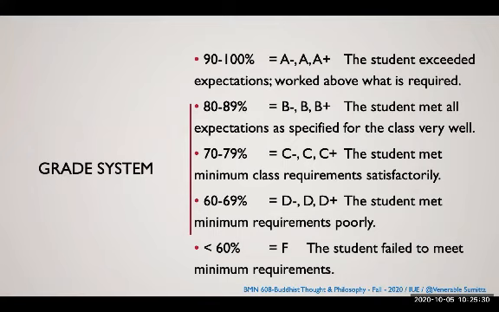The student from 90 to 100 will have A minus, A or A plus, and 80 to 89 B minus, B or B plus, and 70 to 79 C minus, C or C plus, and 60 to 69 D minus, D or D plus, and 60% or less will be F. The student failed to meet the minimum requirement. That is the idea here.